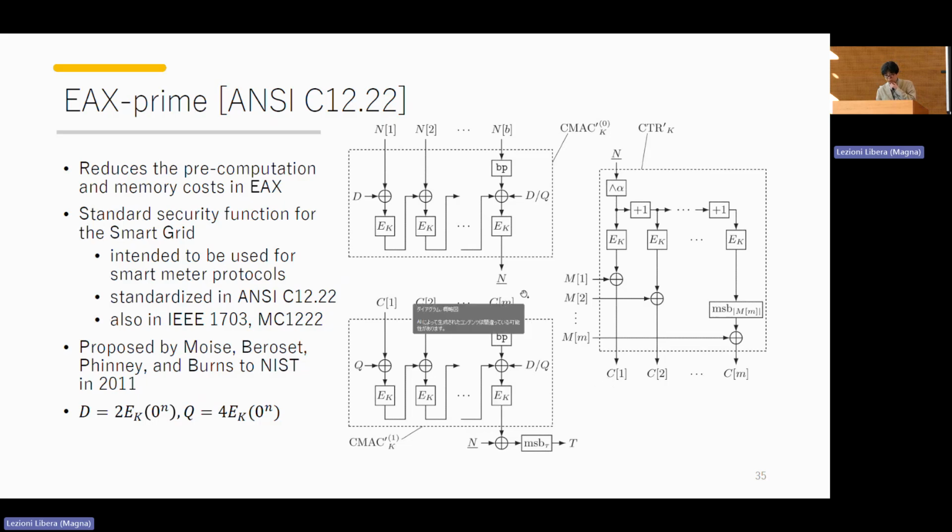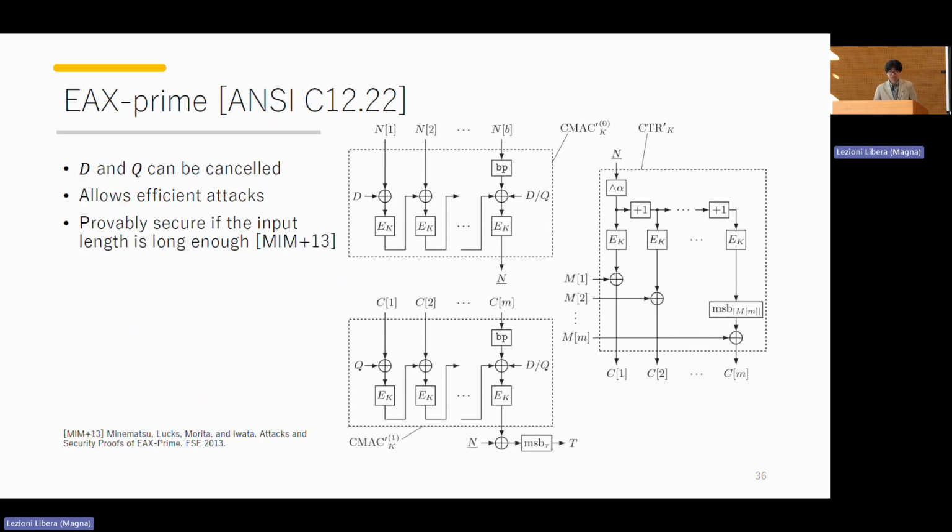And finally, we compute the tag from the ciphertext, and we obtain the tag. Here we use Q, where Q is 4 times the encryption of 0 bits. And we can see that D and Q are used for the last masks, and they can be cancelled.